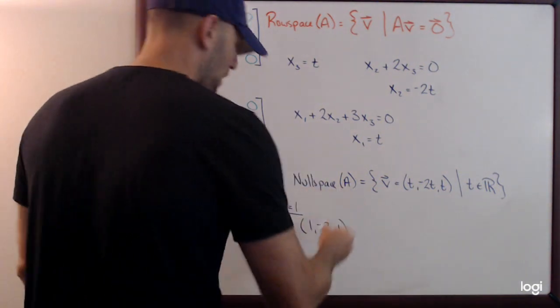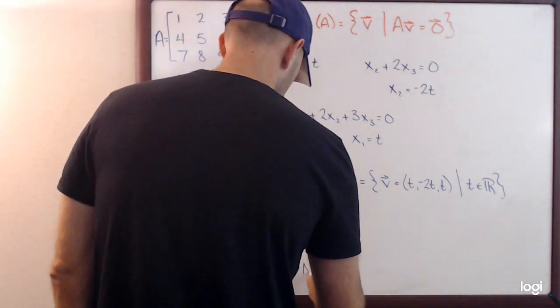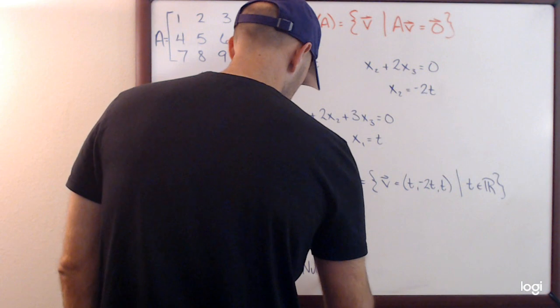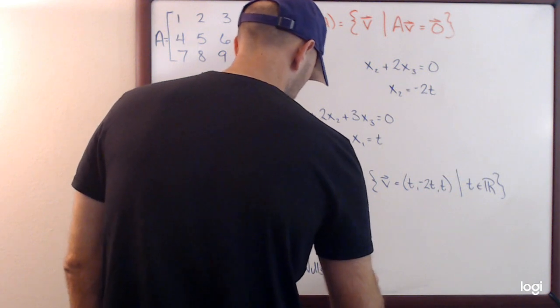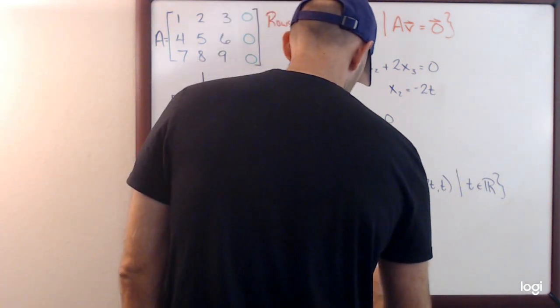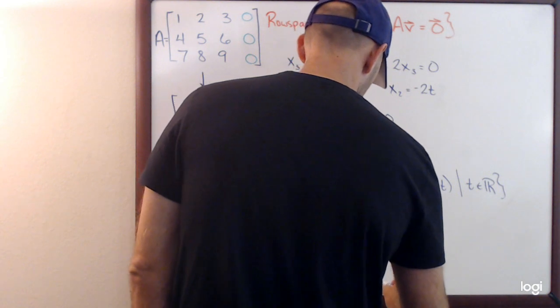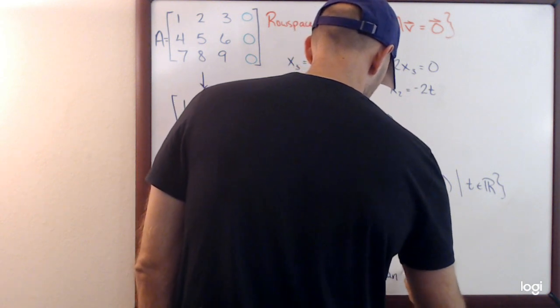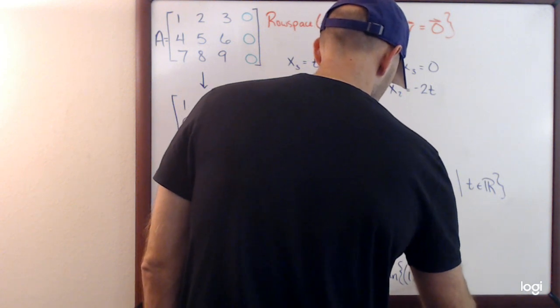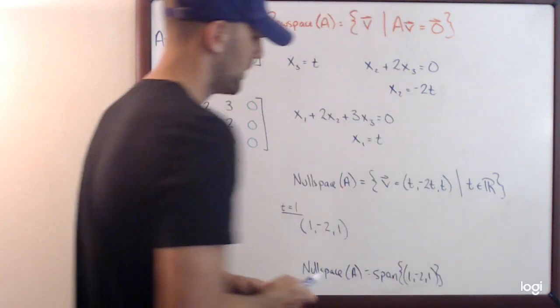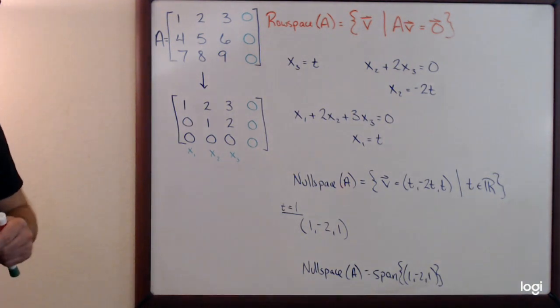Well, then I can rewrite the null space as the span of (1, negative 2, 1). That's it.